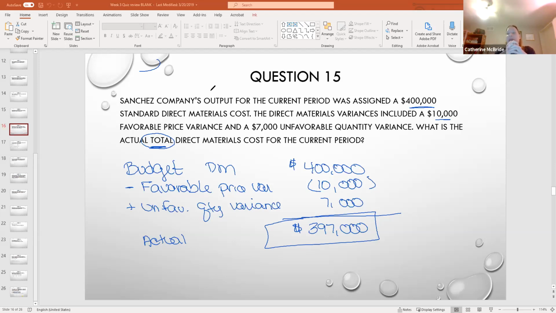So look at it this way: if we plan to spend $400,000 and we have a $3,000 favorable variance, that means we actually spent $3,000 less, so we subtract that. That's how we got the 397,000. Does that make sense?